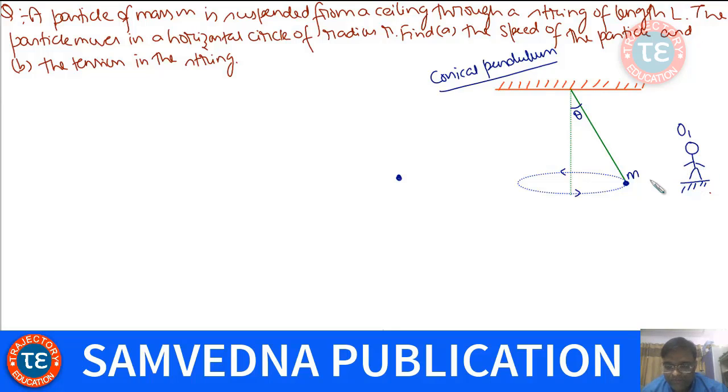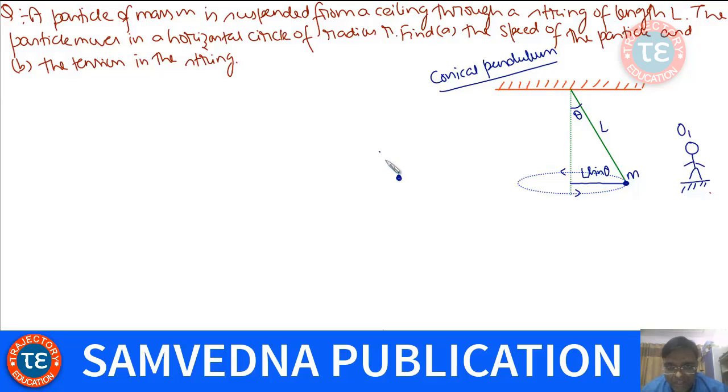So what is O1 going to observe? O1 is going to observe this body moving in a circular motion of radius L sin theta. This is L, and this is L sin theta. So what are the forces acting?